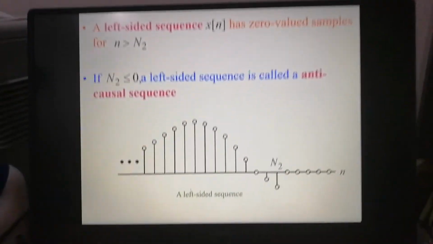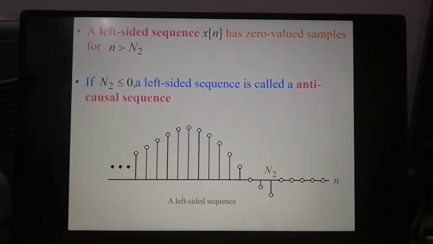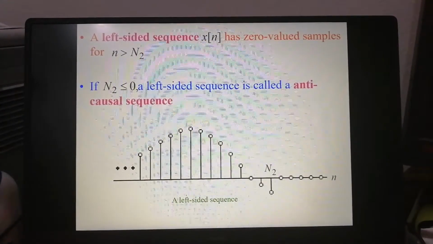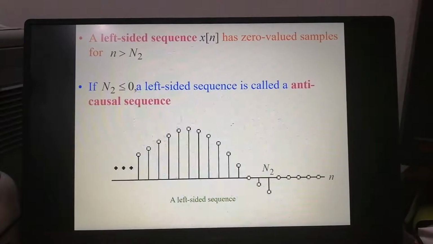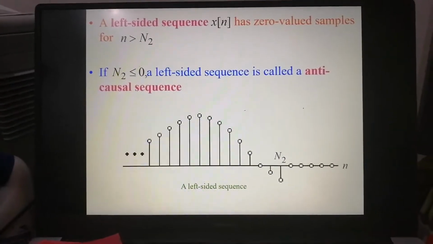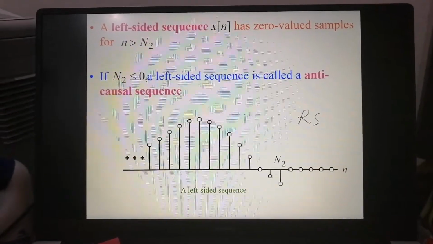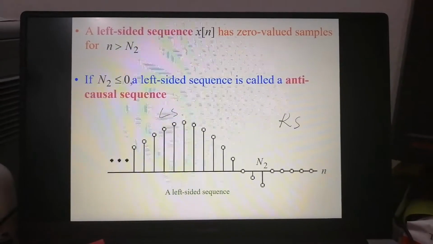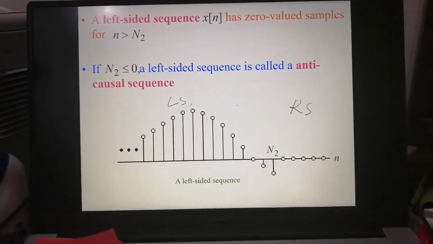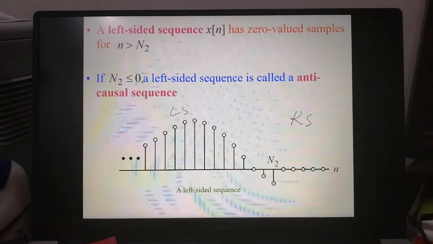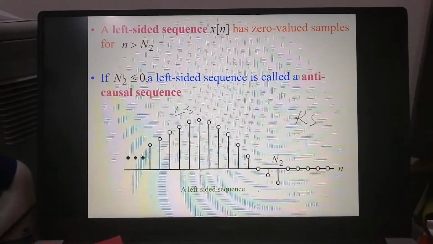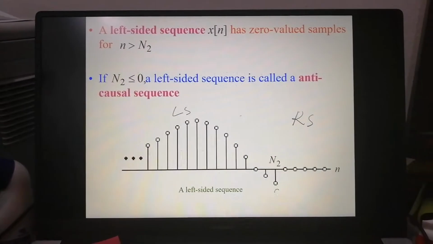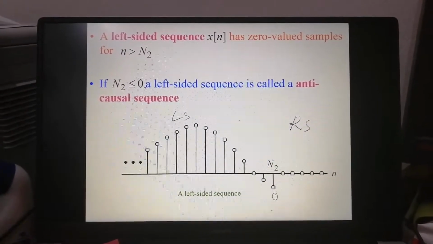Now, a left-sided sequence is obviously the opposite of right-sided sequence. So basically dekat sini, right-sided sequence ni semua kosong, left-sided sequence ni ada value. Again sama juga, n2 bila dia sama atau lebih kecil daripada kosong, it is an anti-causal sequence. So if n2 is 0, then it is an anti-causal sequence.